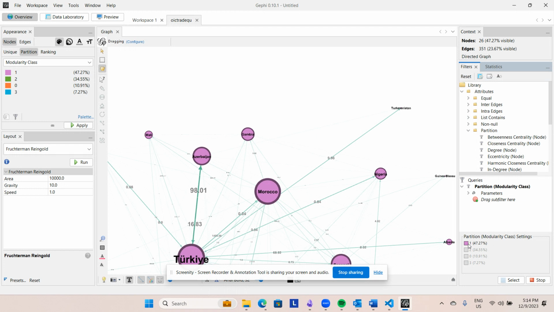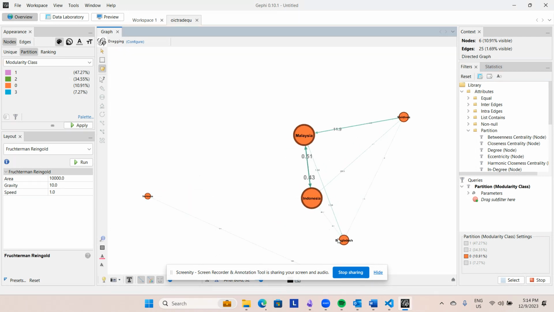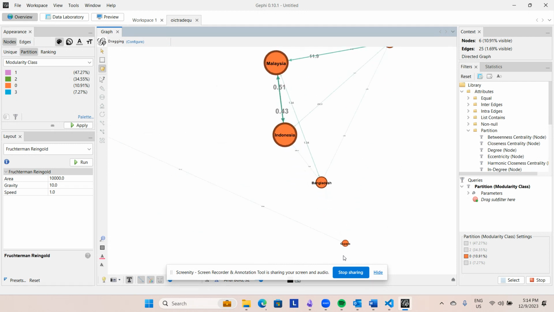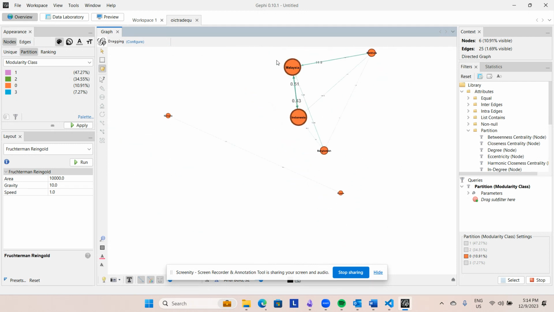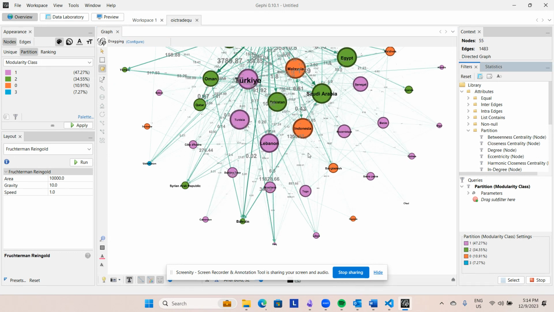Let's select another one, for example, the green one. Here we see Malaysia, Maldives, and Indonesia because of, of course, the geographic relatedness, or maybe due to the rice trade between them. This kind of analytics helps us see which kind of connection exists between them.